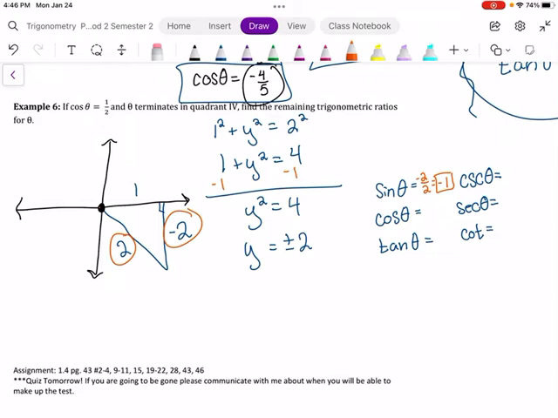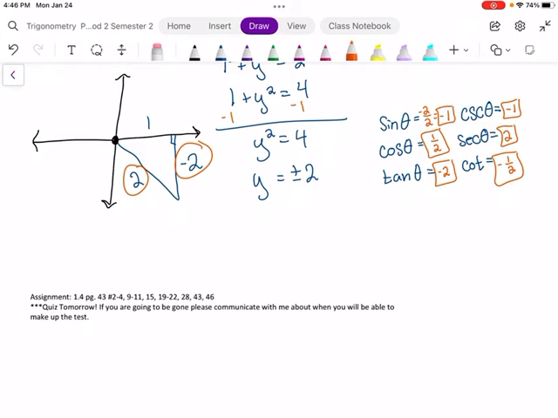And then cosine we know would be 1/2. And tangent would be -2. And then for cosecant, that would be -1. Secant would be 2. And cotangent would be -1/2. Okay. So then that is how you would do this problem.